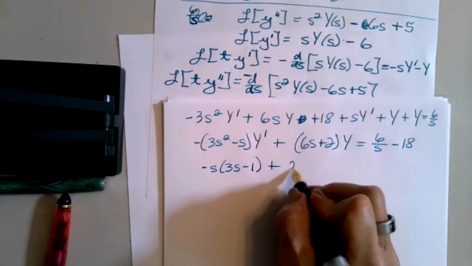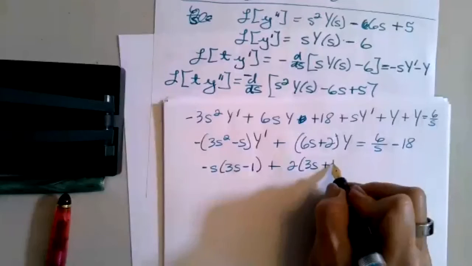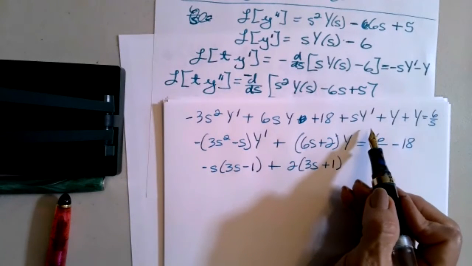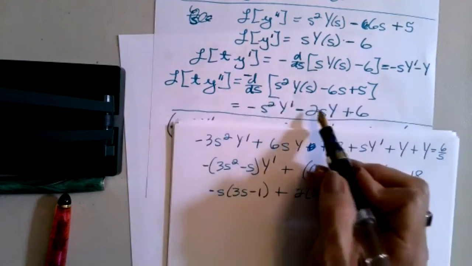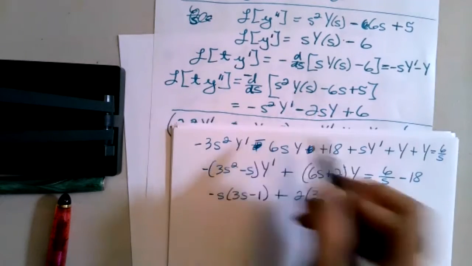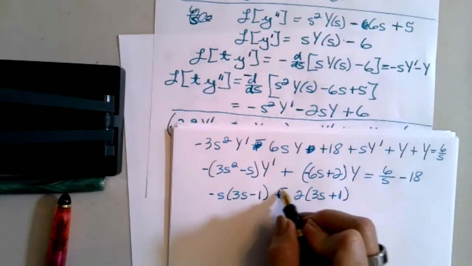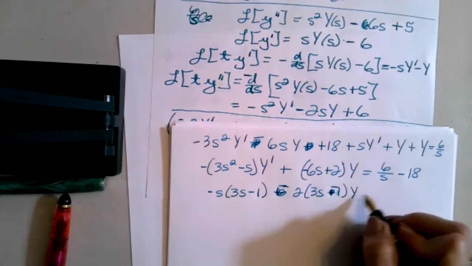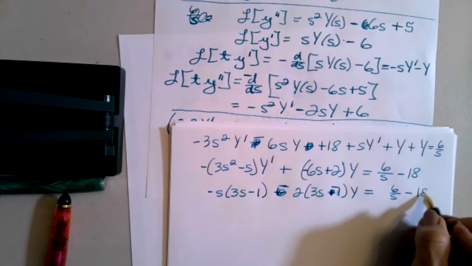And I think of this as 2 times 3s plus 1. Sorry, something's wrong here. There should be a minus somewhere. This is a minus 3s squared. This is a minus 6s. There we go. So this is a minus 3s minus 1. And then this should be 6 over s minus 18.